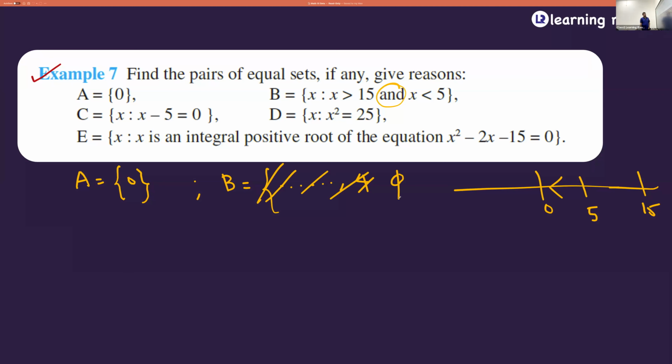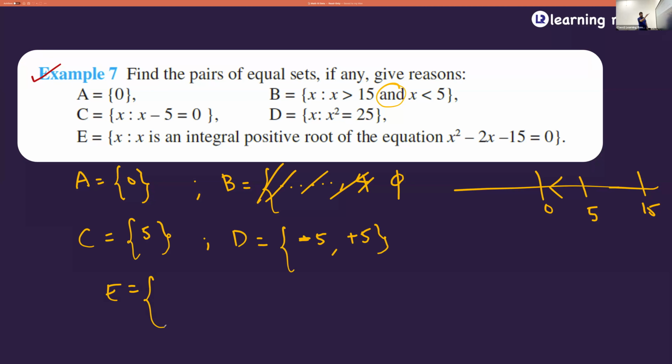So C is {x : x - 5 = 0}. What about D? D is {-5, 5}. E is {x : x is an integral positive root of the equation x² - 2x - 15 = 0}. So x² - 2x - 15 is (x - 5)(x + 3).